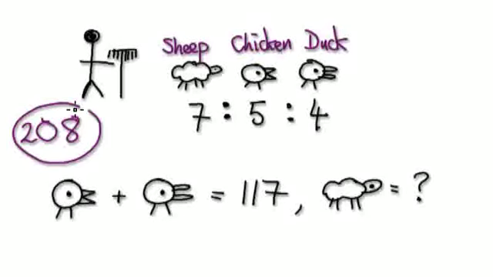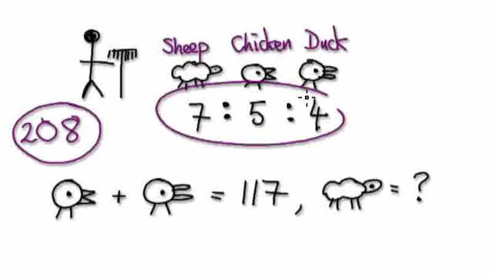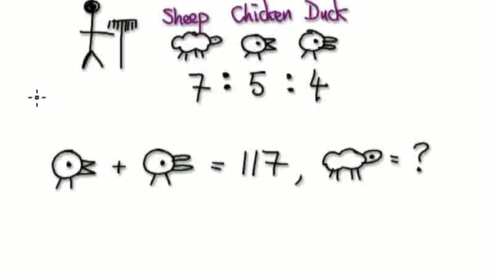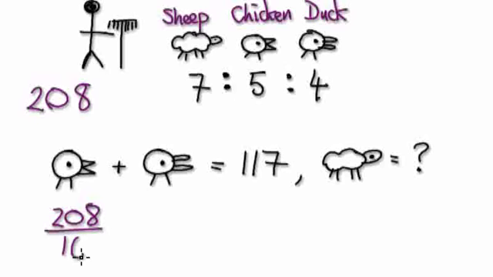So you would get this amount cut up into 16 equal pieces. So let's try and do this. If we want to find out the number of sheep, it's 208 cut up into 16 equal pieces, and then times 7. That will give us the number of sheep.